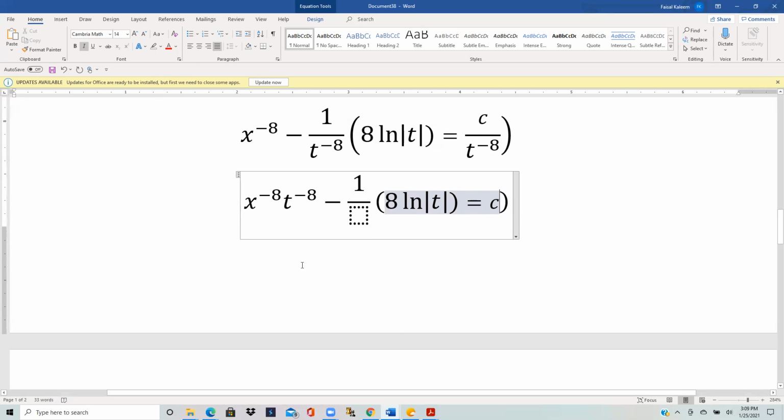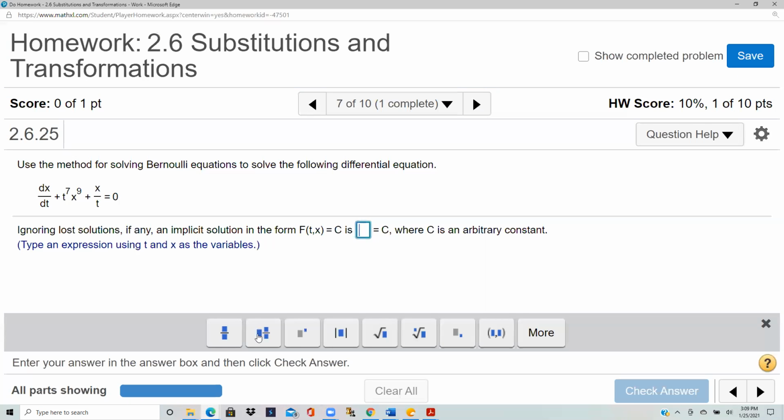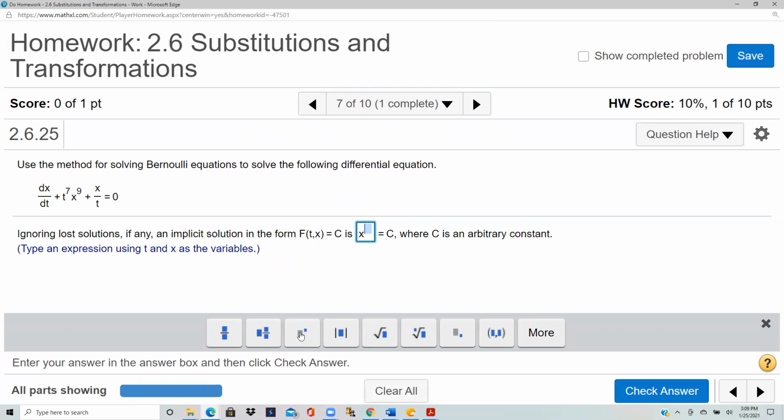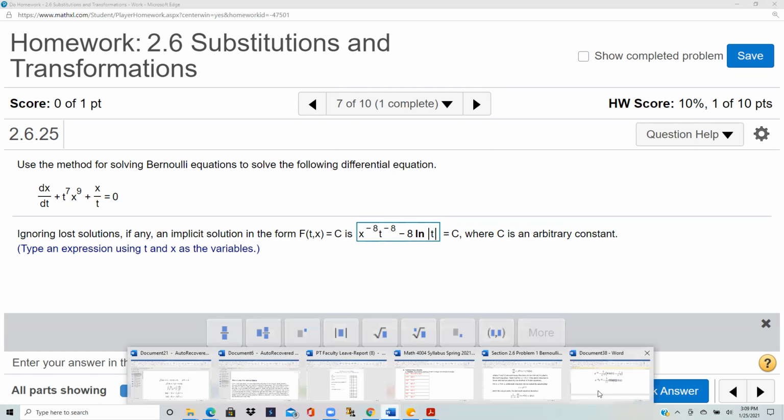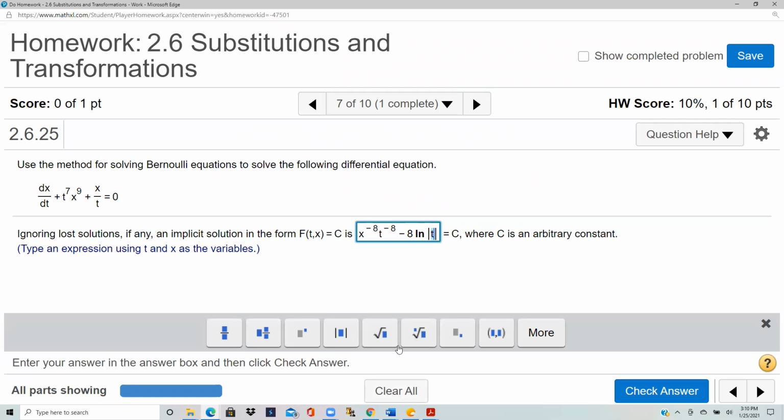So x to the negative 8, t to the negative 8 minus 8 ln t is equal to c. Okay, so this should be good.